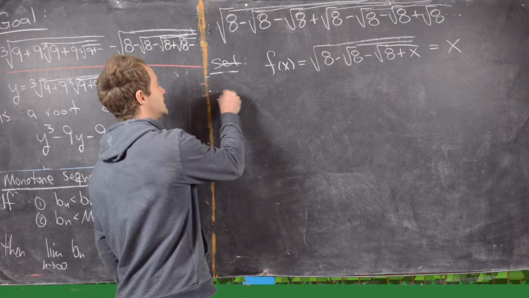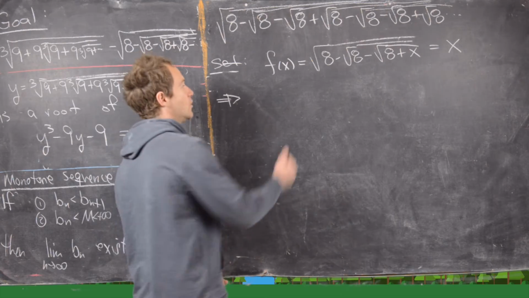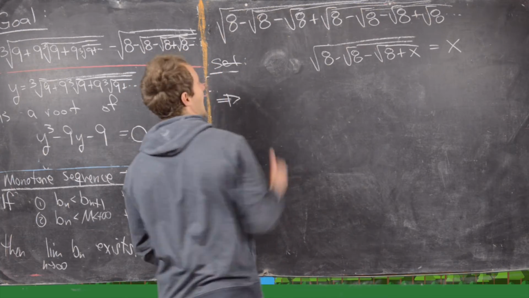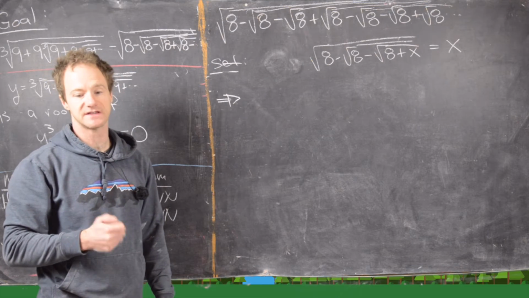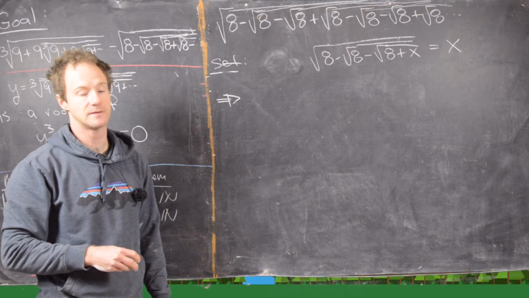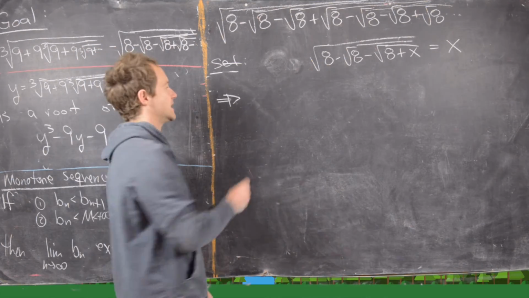And so what I want to do from here is notice that for this equation right here, we can forget about f of x for now. We don't actually need that function anymore. We just need to look at this equation and its solution. And notice that this equation is equivalent to the following equation.